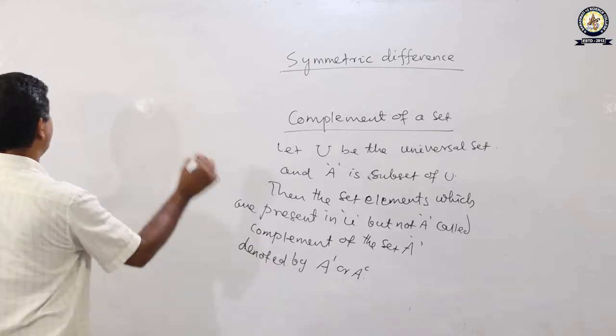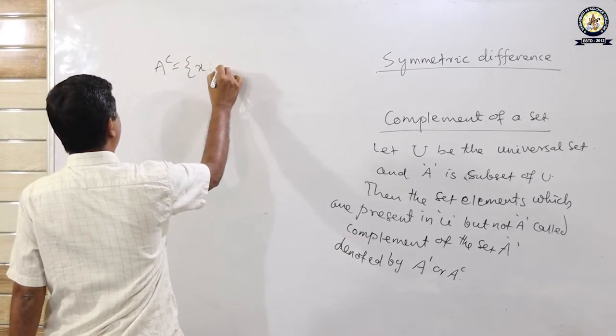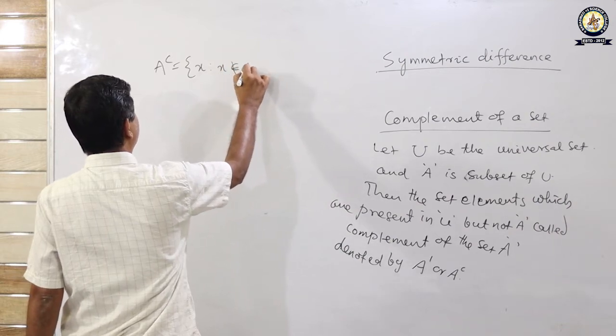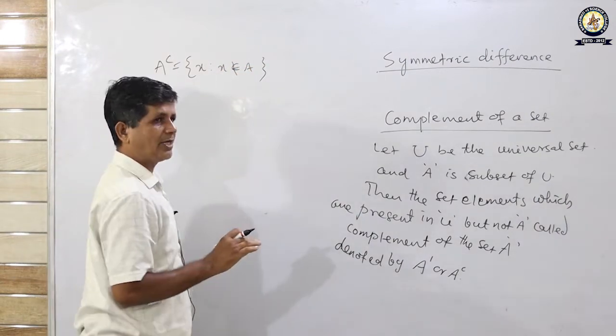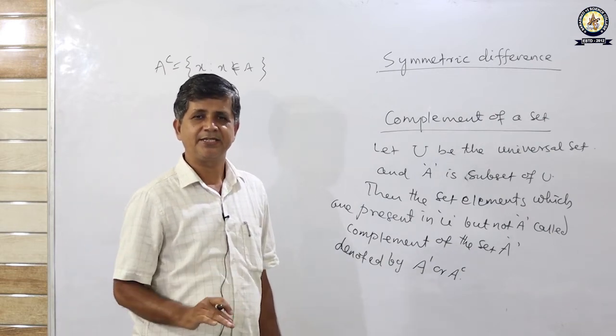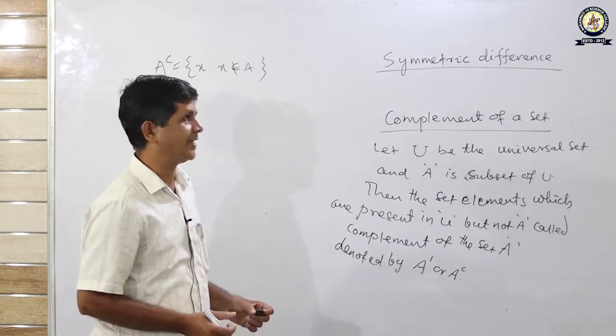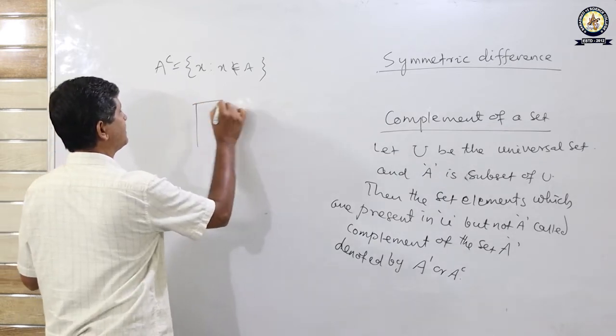So what is A complement? A complement is the set of x such that x does not belong to A. The set of elements of the universal set which are not in A is called the complement of the set A. Now the Venn diagram.